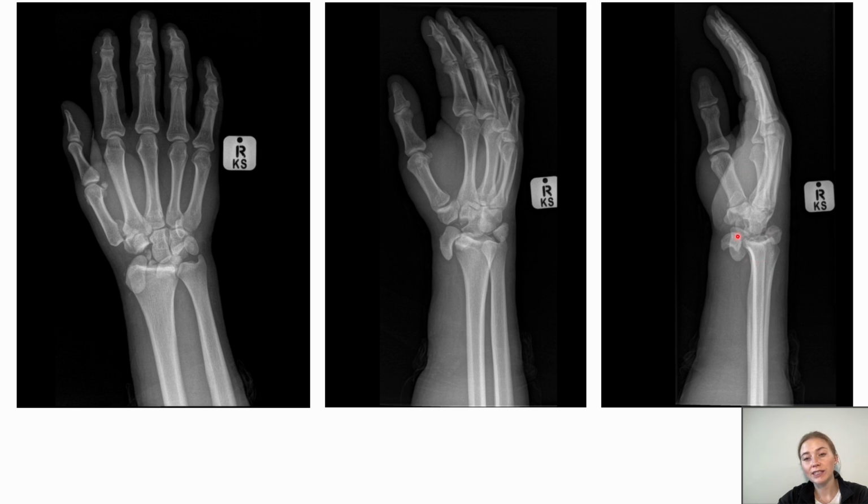Additionally, you can see pretty significant shortening of the entire wrist. You have the radius that's basically just sitting with that distal carpal row. So that's shortening of the entire radiocarpal joint. So having gone through our whole process, taken together, this x-ray shows a Bennett fracture, as well as proximal carpal row fracture dislocations that involve the scaphoid, lunate, and triquetrum.